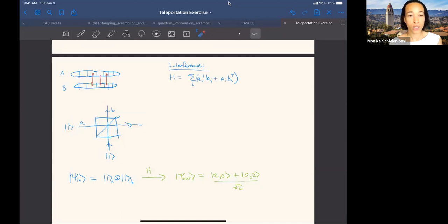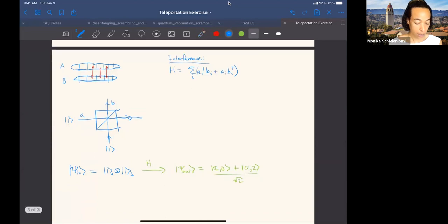And it turns out that if I define the parity as (-1) to the number of photons in one of the ports at the output, this parity operator is a measure of the purity of the quantum state that went into the beam splitter.